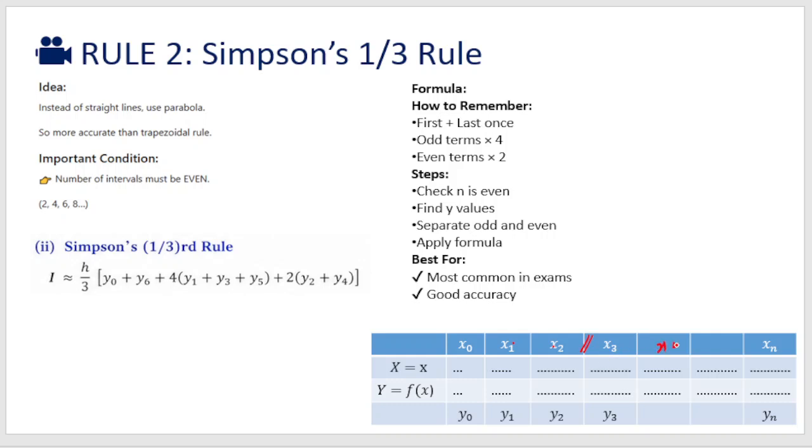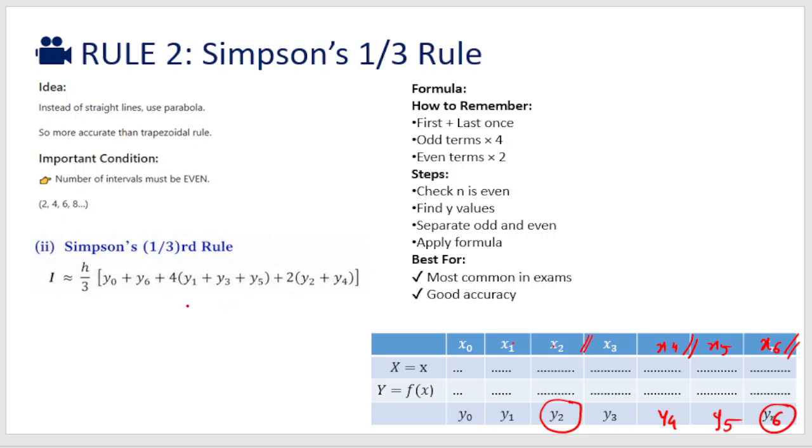Or if you consider till x4, we can use Simpson. With x5, x6 also we can use Simpson. It means the number of intervals must be even, or you can remember it like this: the last value must be an even one, like y2, y4 and y6. So this is the trick that you have to remember.